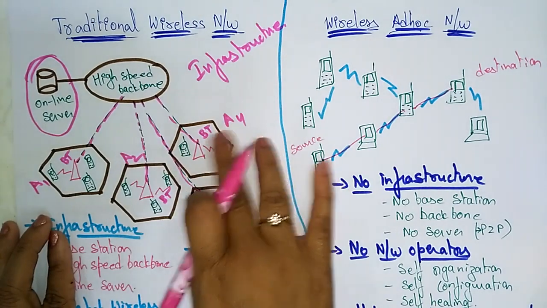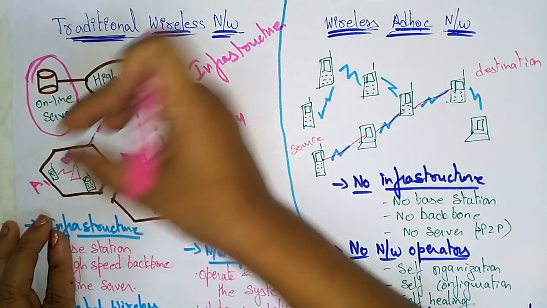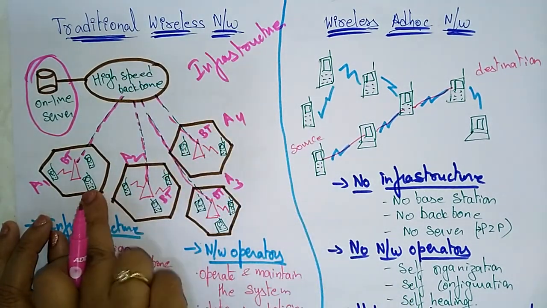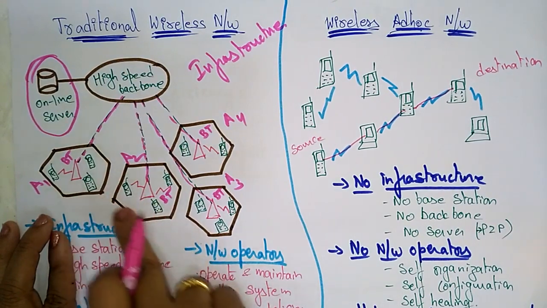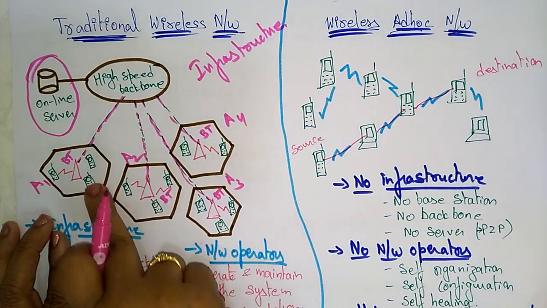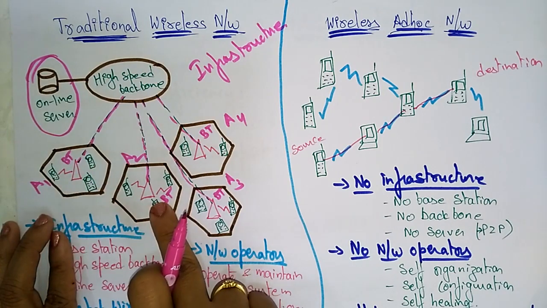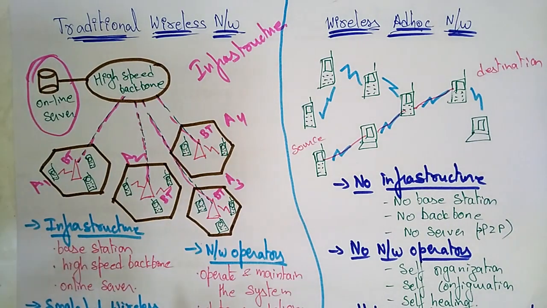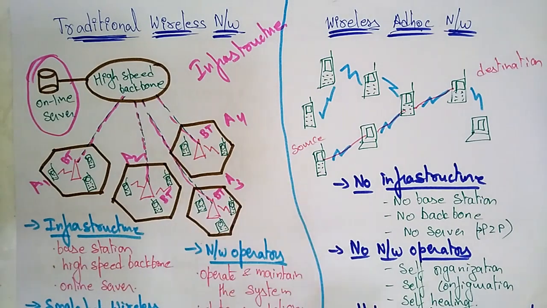In different areas the base stations are there. If a person is moving from one area to another area, then whenever he reaches the new area, it disconnects from the previous base station and connects to the new base station, which I already explained in mobile computing.